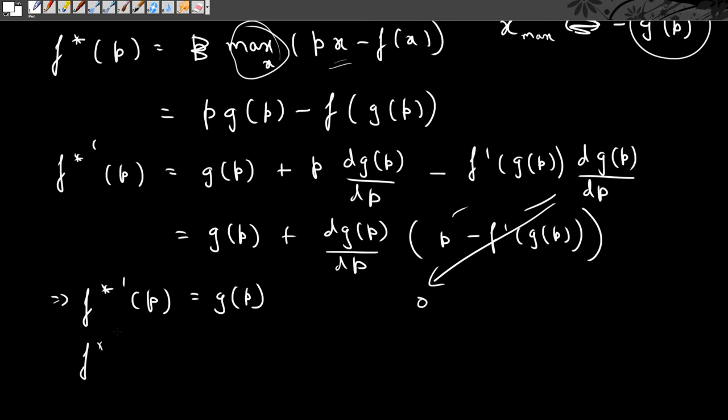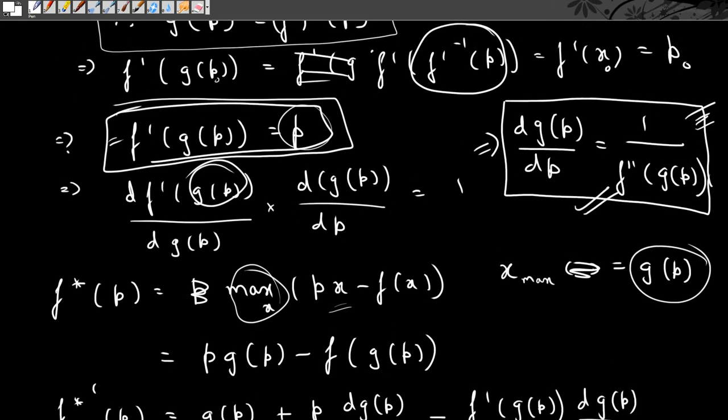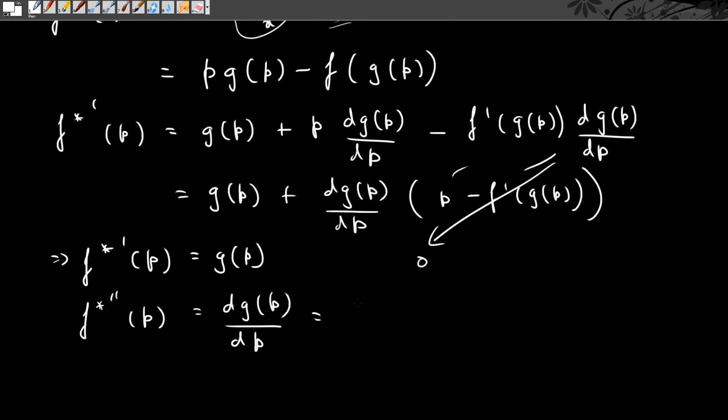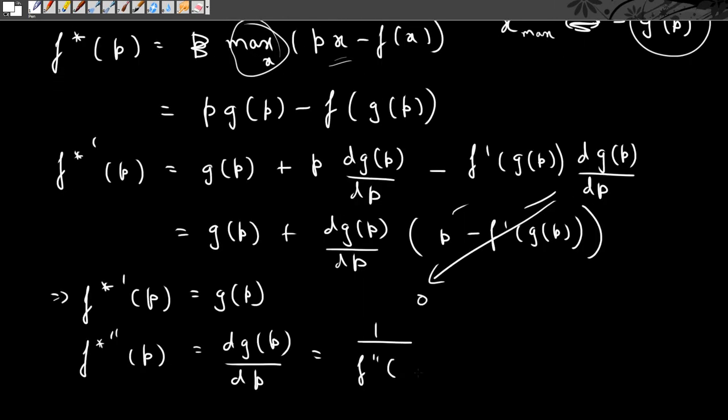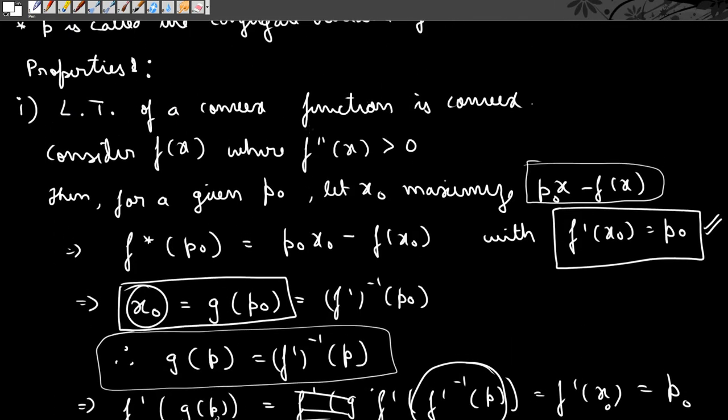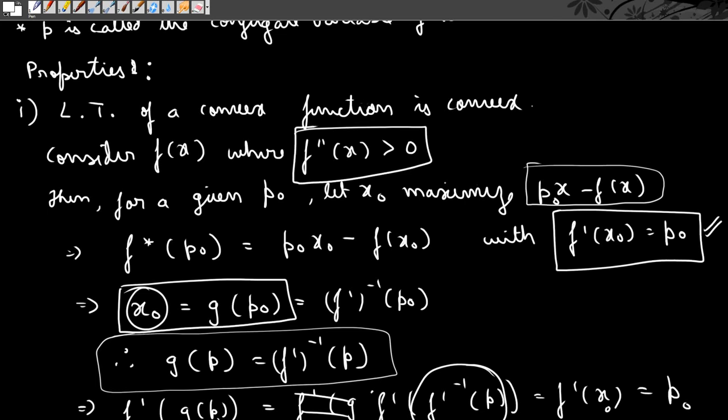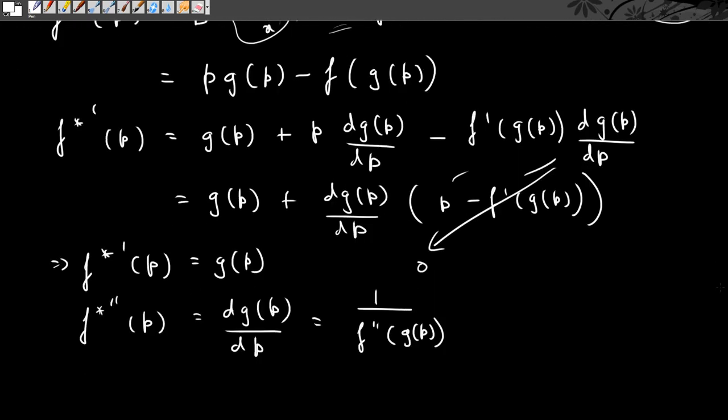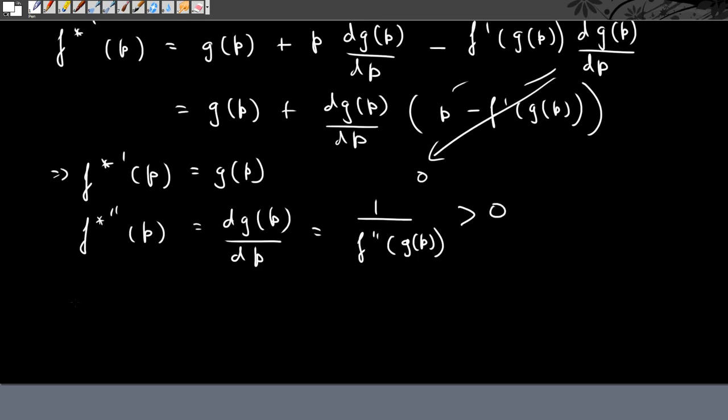Differentiating this again, we will get f star double dash of p is equal to dg of p by dp, which using this relation is equal to 1 by f double dash of g of p. Okay, but from the condition that f double dash of any argument is always greater than 0, it implies this is also always greater than 0.